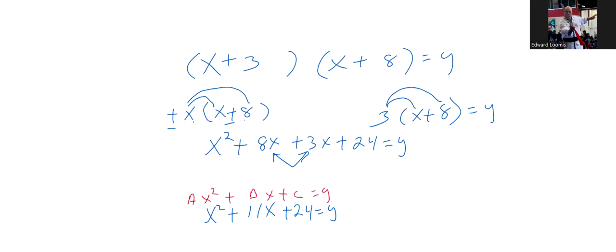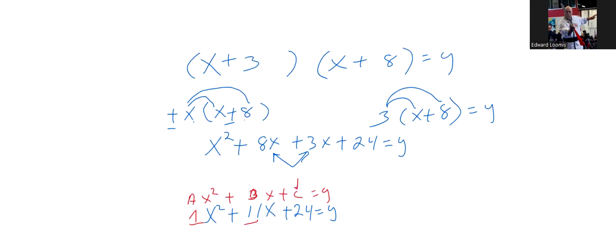This is what happens when I FOIL. A is whatever number's in front of the x squared. I don't see one, so that's 1. B is whatever number is in front of the x with an exponent of 1. That's 11. And C is whatever number does not have a variable.